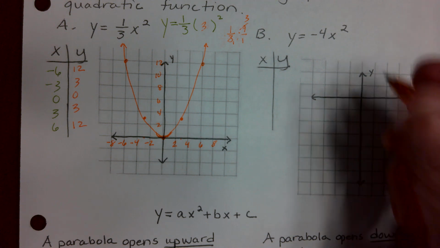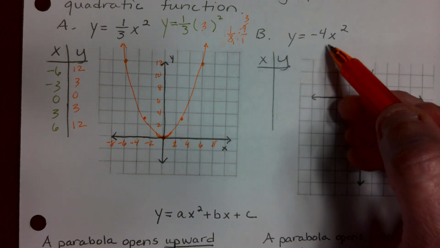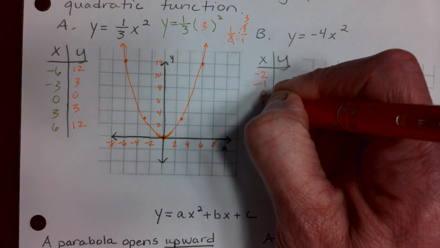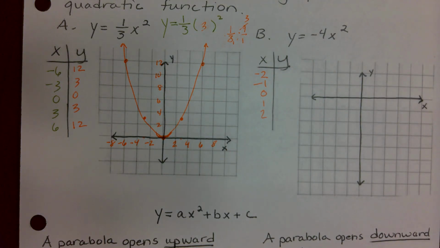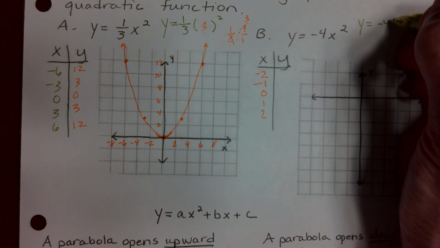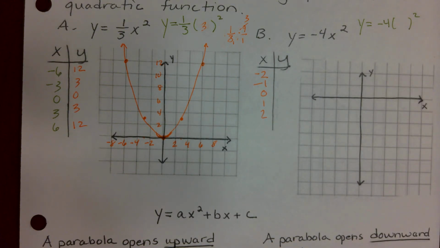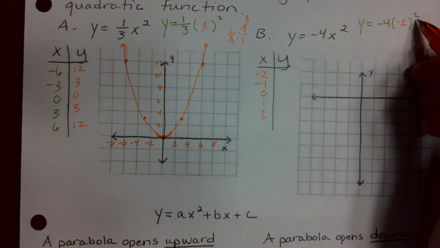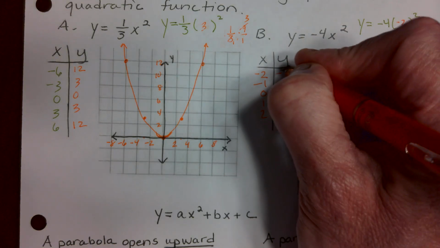Next one, let's try some new ones here. Because there's no fraction in the bottom, I can do the original -2, 0, 1, and 2. You're going to want to use 5 coordinates for parabolas. All right, so y equals -4 times what squared? Let's put in -2. -2 squared is 4 times -4 is -16.